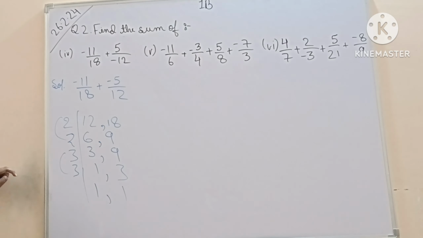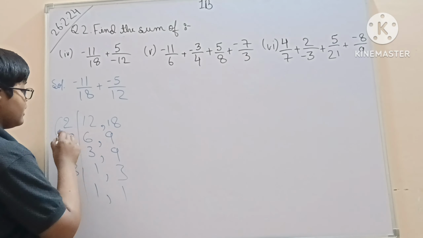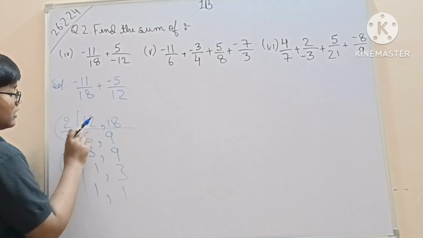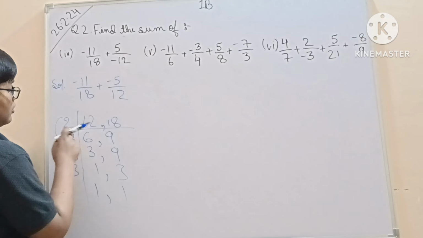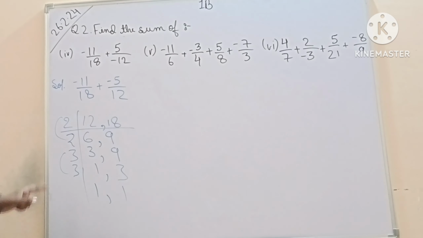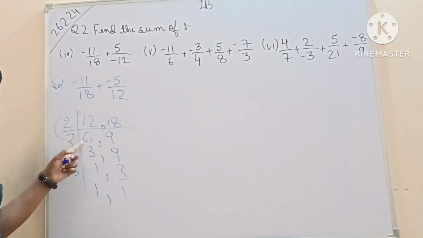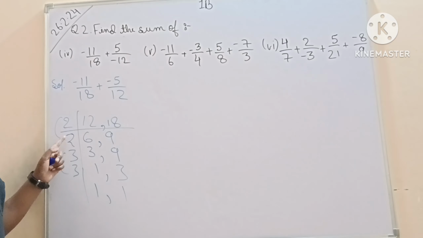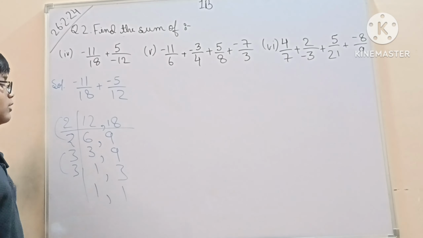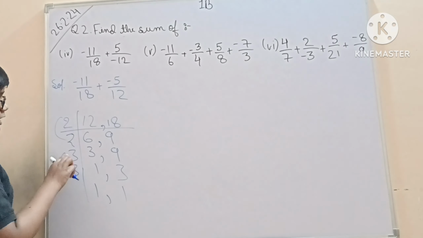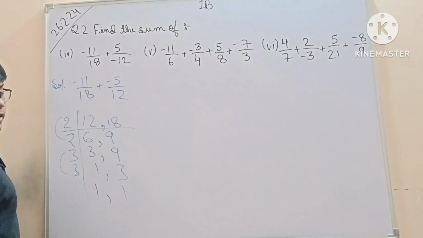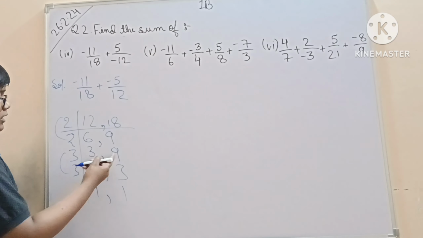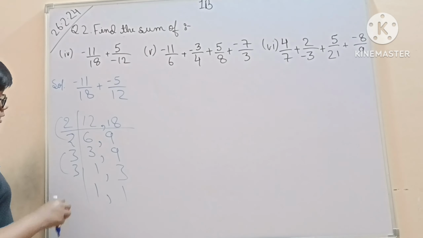We have found it by writing 12 and 18 here, and dividing 12 by 2, which will become 6, and dividing 18 by 2, which will become 9. Now 2 will divide 6, which will become 3, and 2 will not divide 9, so 9 will be carried as it is downwards. Now 3 would divide both, and 1 and 3 will become the quotients of these divisions.